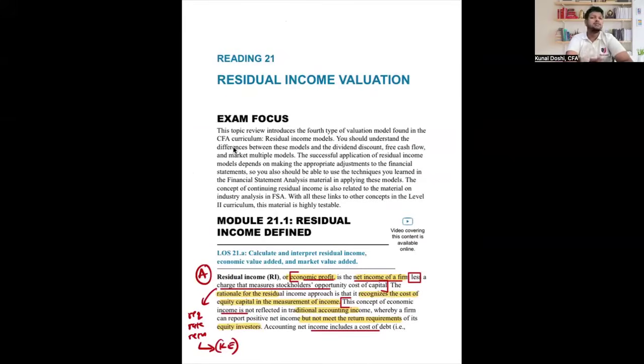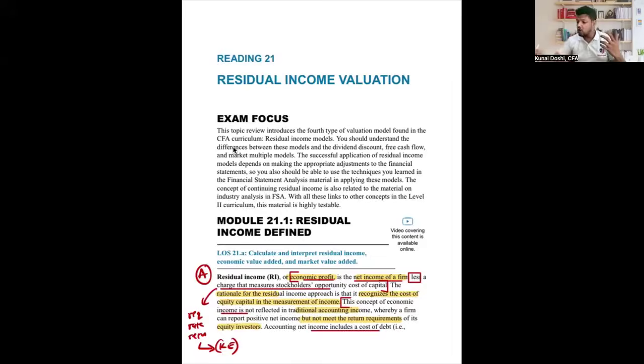So let's start with residual income valuation. Now, this is a slightly newer concept compared to what you did in your level one. In this topic, we are going to look at a type of profit which is not your accounting profit. It is actually economic profit.